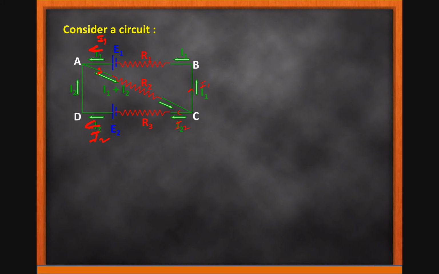Now we have two loops. One loop is ABCA.